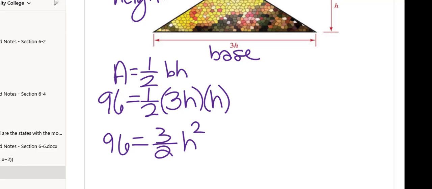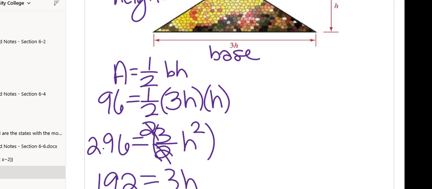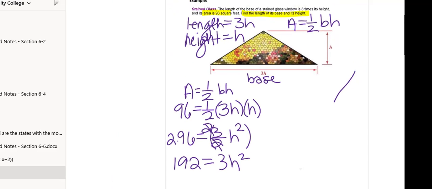One thing I want to do is get rid of that fraction, and you could do it two different ways. Just for simple measures, I'm going to multiply both sides by 2, and 2 times 96 is 192. The 2's cancel on the right, and I get 3h squared.